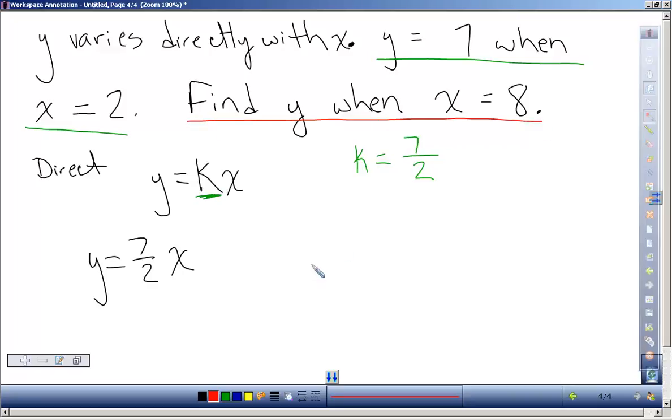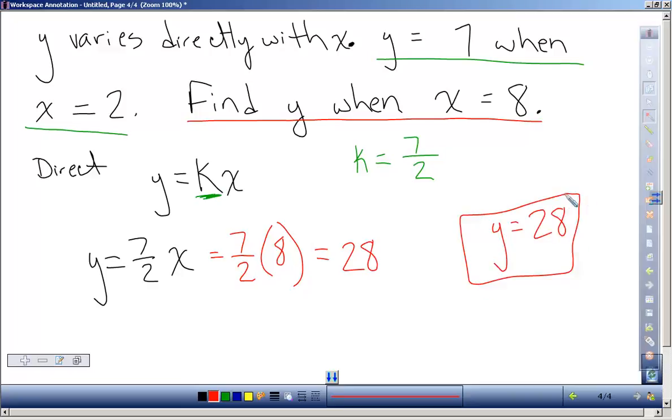The question says find y when x is equal to 8. So that means that I want to plug into the equation 7/2 times 8 and figure out what y is equal to. So this is going to be 8 divided by 2 is 4. 4 times 7 is 28. So y is equal to 28 when x is equal to 8. And that's how we use these problems.